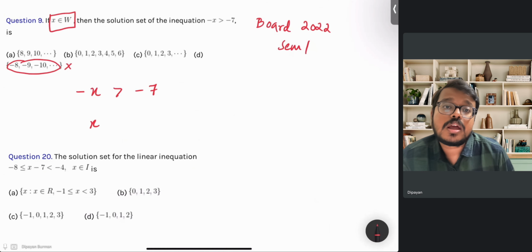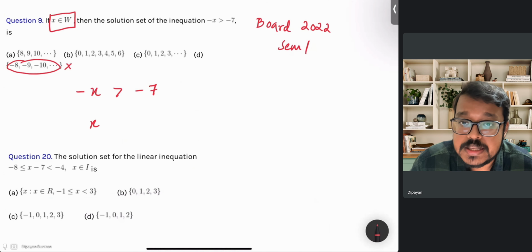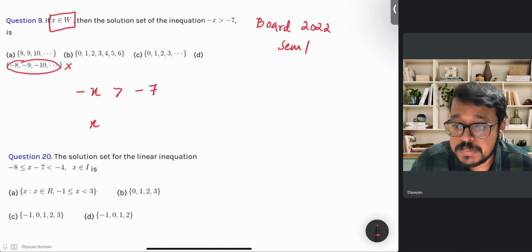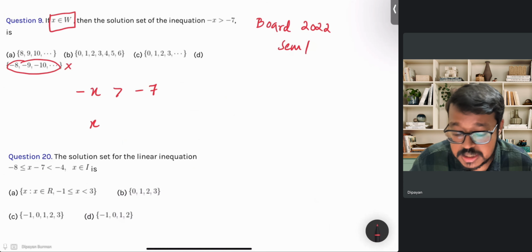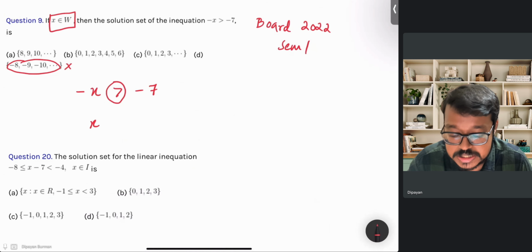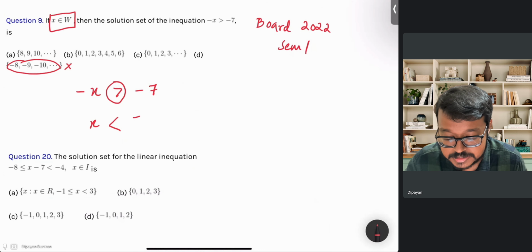In any of these cases, when we change the sign on both the sides or multiply or divide a negative number on both the sides, the sign of inequality will change. Here the sign of inequality initially was greater than. After changing, it will become less than. So x will be less than 7.